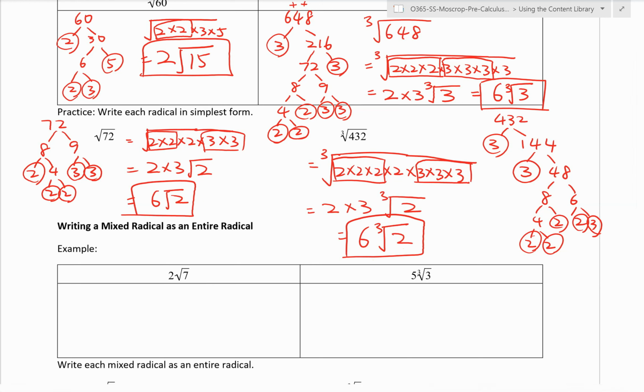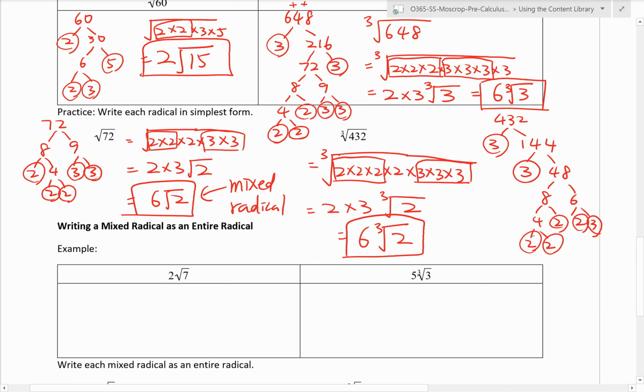And that's how you simplify radicals, or convert entire radicals to mixed radicals. Oh yeah, I forgot to mention, this is what we call a mixed radical. Mixed radical means it is composed of a whole number and a radical.